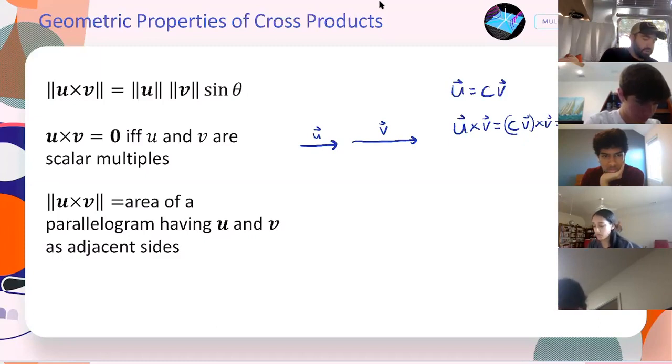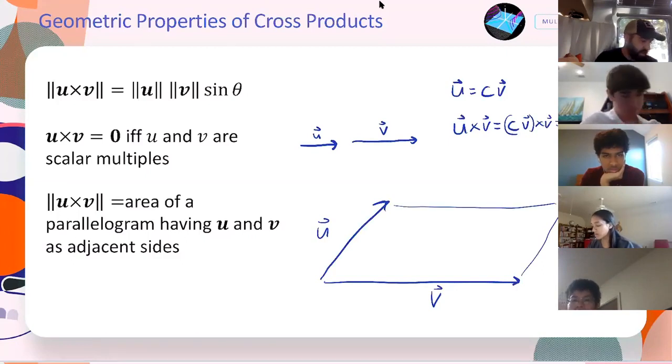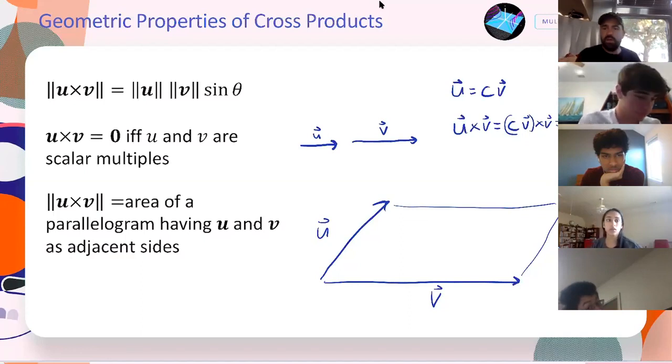Okay, and that last one is if I have a parallelogram that has sides U and V, then I can get the area of the parallelogram by taking a cross product of those. And that's actually where that first property also comes from.